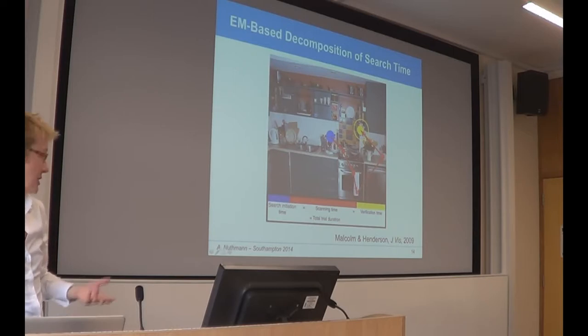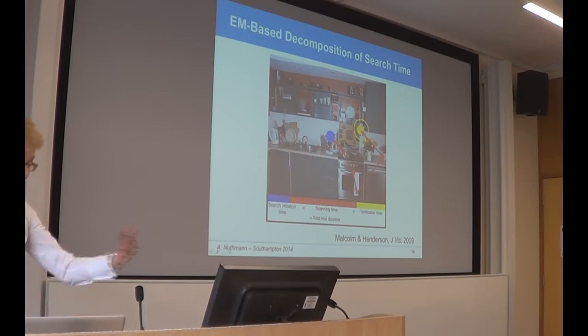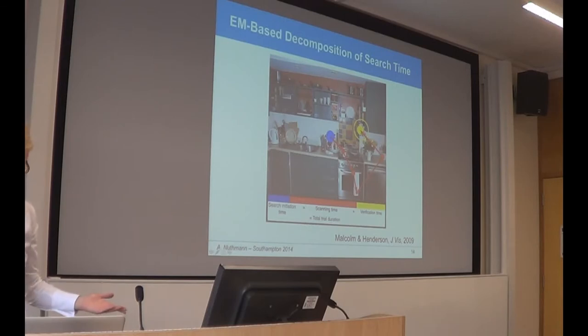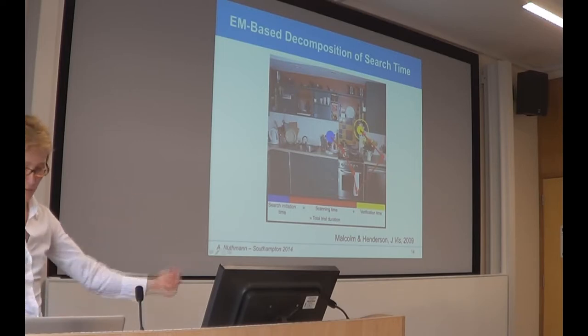So search initiation time is the time between the onset of the scene and your very first eye movement. So it's basically initial saccade latency, if you want. And then scanning time is the time from the first saccade to your first fixation on the target, right? And it reflects the actual search process. And then verification time is the time between then and search termination.